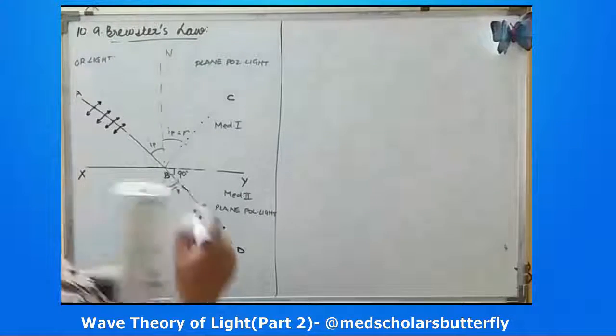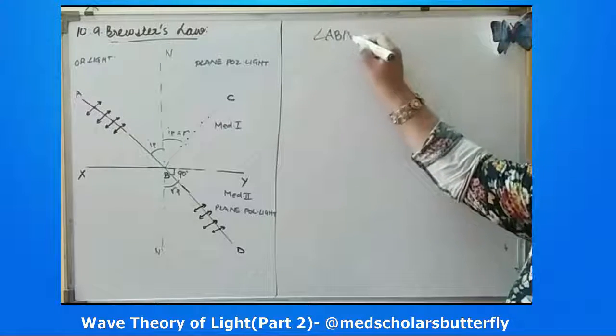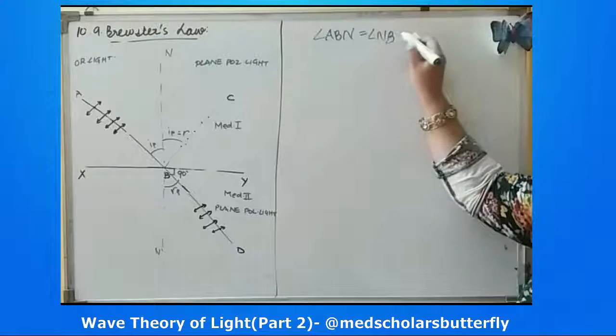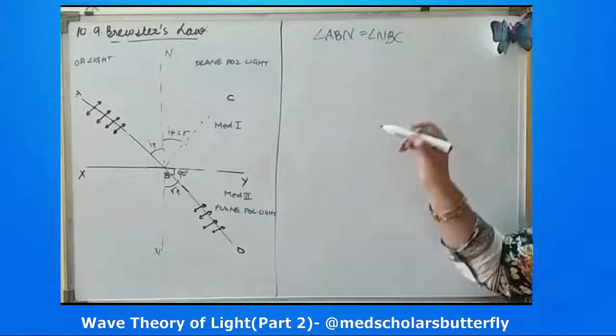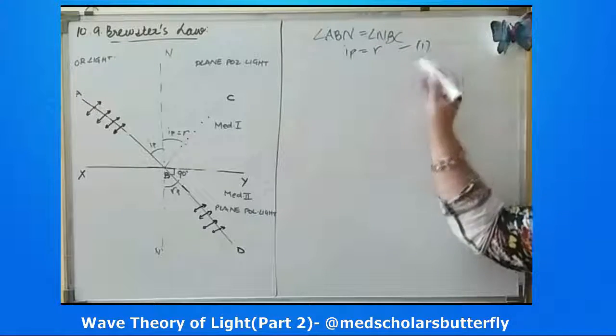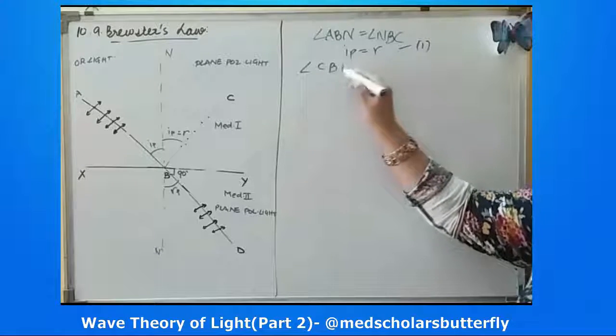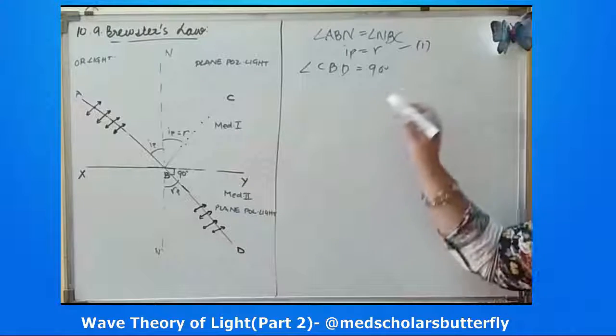Let us first derive. From the laws of reflection, we know that angle ABN is equal to angle NBC. So that means IP is equal to R. Let us take this as equation number 1. Also we know angle CBD is equal to 90 degrees.